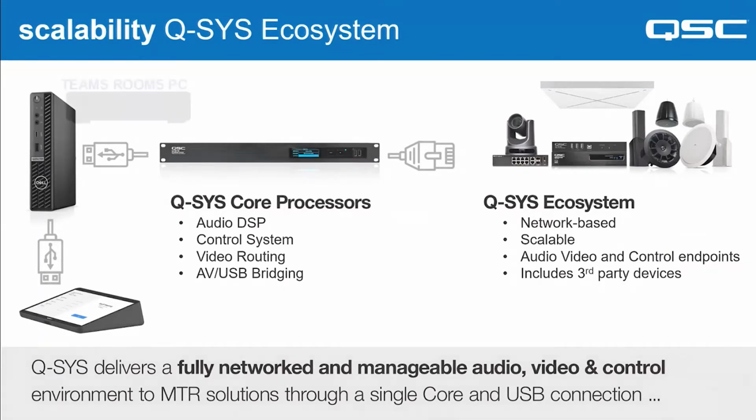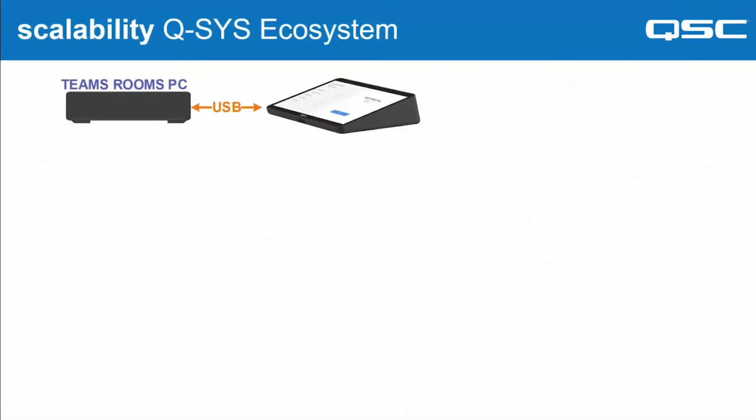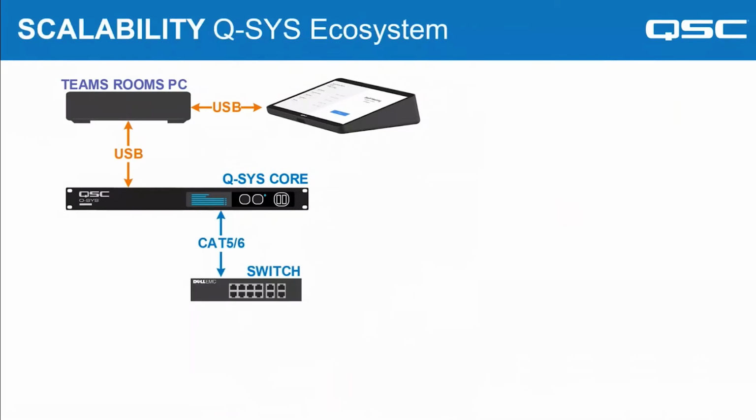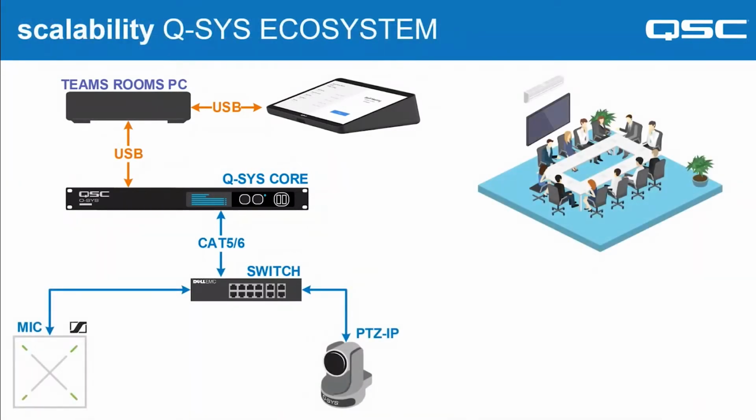So just having a little bit more of a detailed look at the physical connections that are going on here. It's going to look something like this. For a small room like this, you could just have one mic and one camera, perhaps, and that would be totally fine.